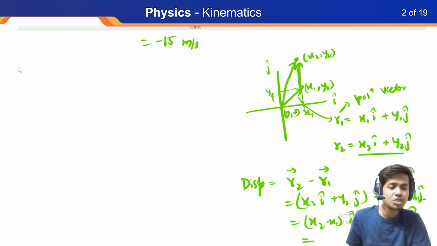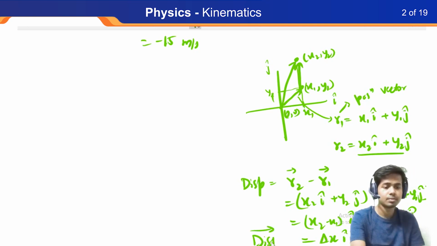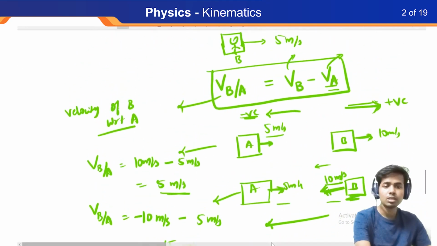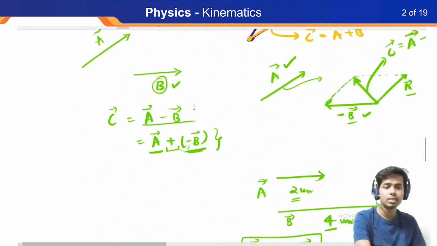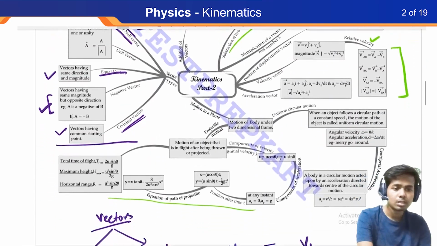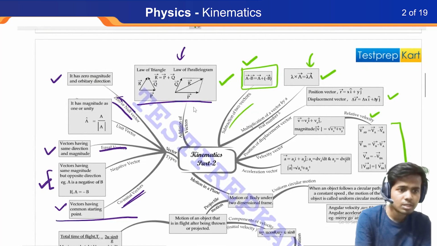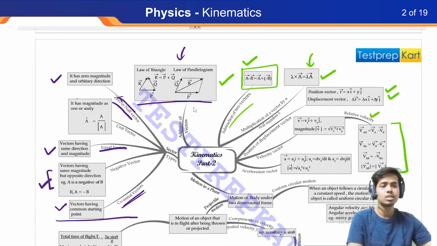This is the change in position of x, and this is the change in position of y. This is the displacement vector. All right, I think it must be clear. Yes, this is the position vector and displacement vector that I just discussed.